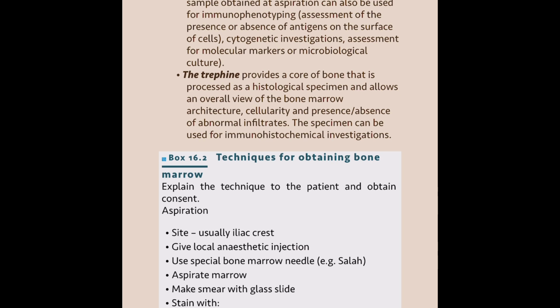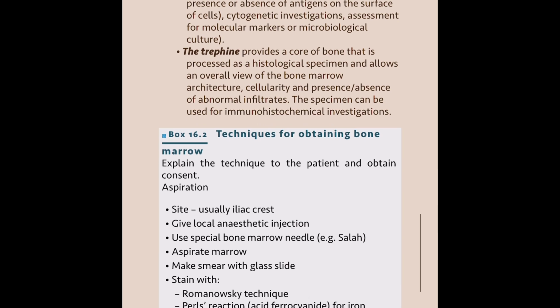Techniques for obtaining bone marrow: explain the technique to the patient and obtain consent. Aspiration: the site is usually the iliac crest. Give local anesthetic injection.